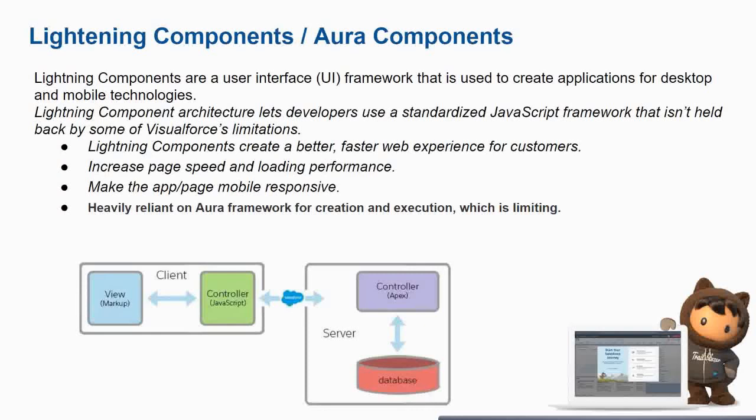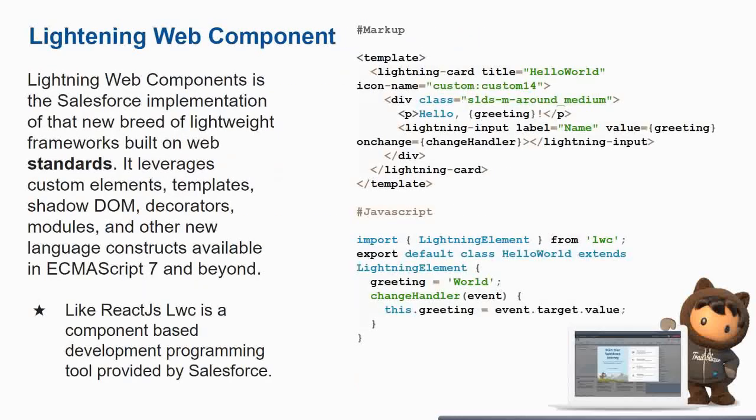So they brought this into the Salesforce ecosystem. But then the Aura framework, which Lightning components depended on, has some limiting factors. So they came up with the Lightning Web Component, which is much easier and much closer to the web stack.